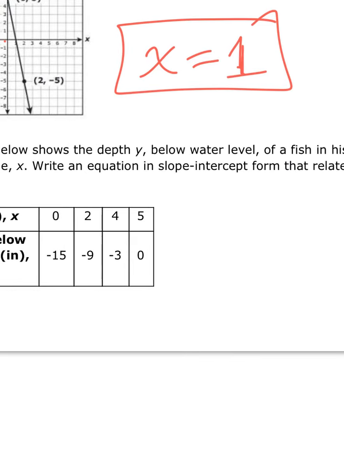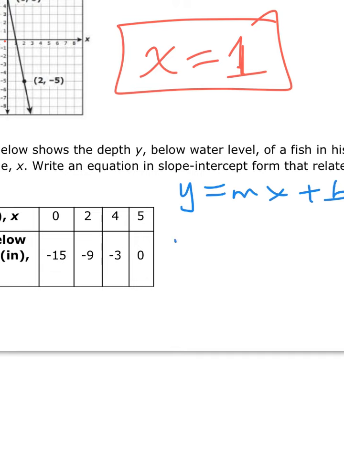Number 8 says the table below shows the depth y below water level of a fish in his tank with respect to time x. So write an equation in slope-intercept form that relates y to x. Slope-intercept form, remember, is y equals mx plus b.